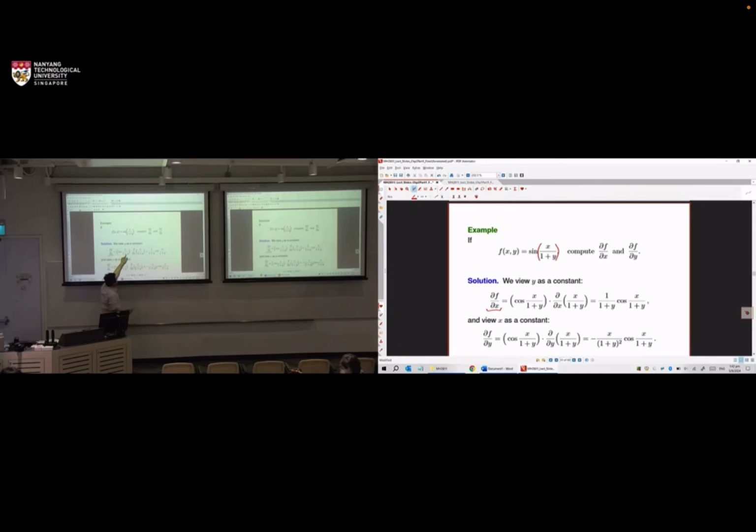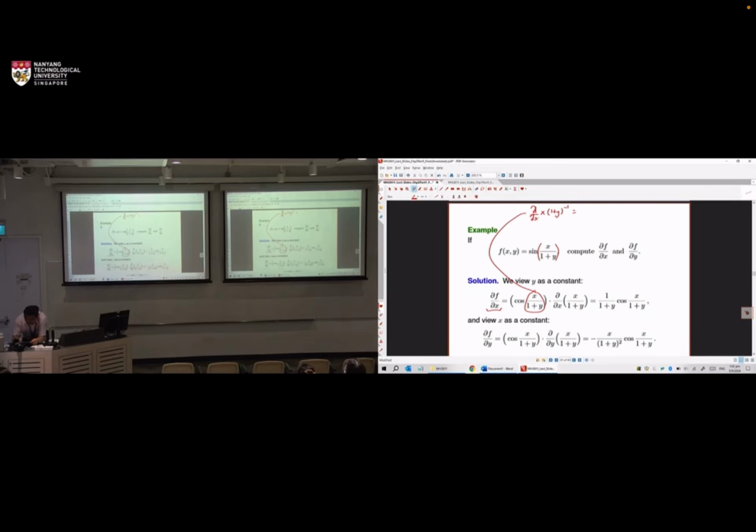Now, don't tell me you cannot differentiate x over 1 plus y. You differentiate x times (1 plus y) to the power of negative 1. You should put the del symbol, because x and y are involved. So I'm executing chain rule.